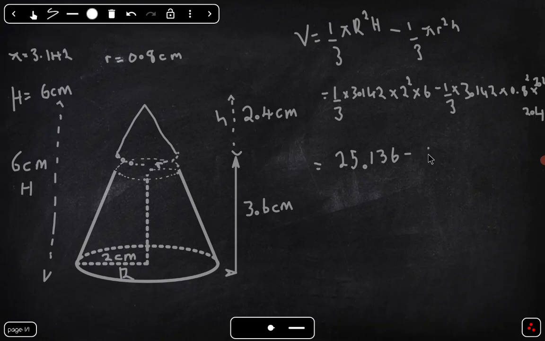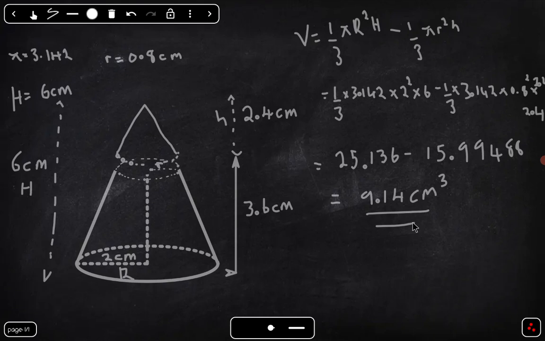On this side you get 15.99488, and then lastly you just subtract, and you're going to get 9.14 cubic centimeters. And this question is done.